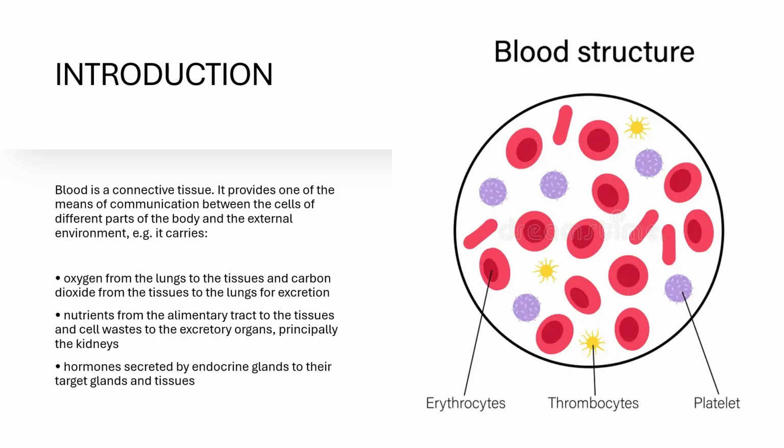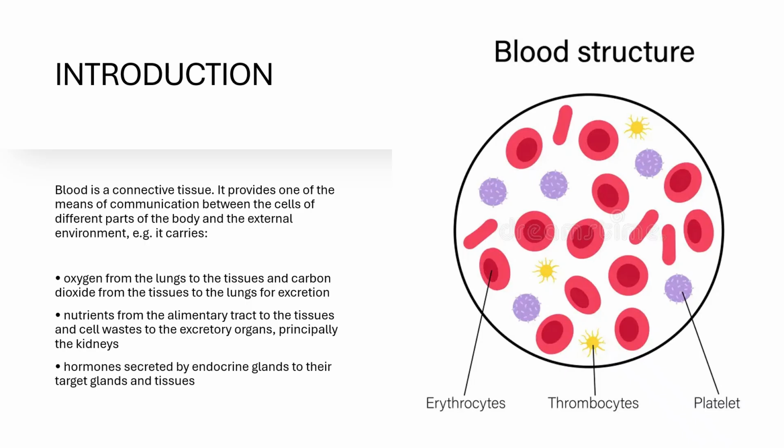And blood is, simply put, a connective tissue. It provides one of the means of communication between the cells of different parts of the body and the external environment. So it's like a means of communication. It takes nutrients from one tissue to the other.